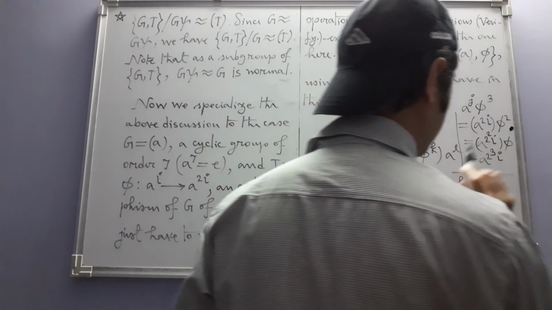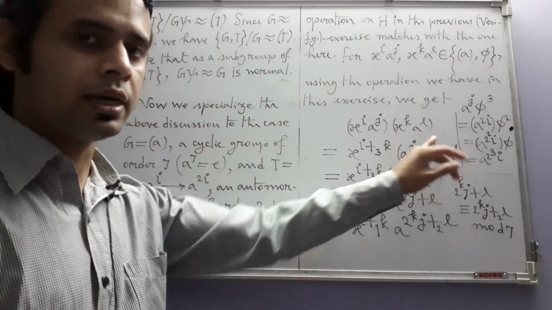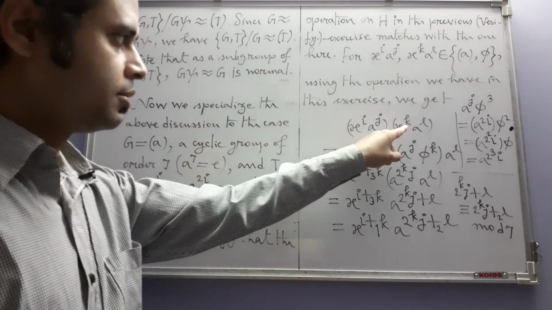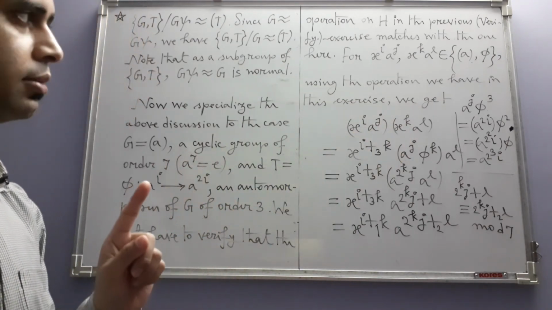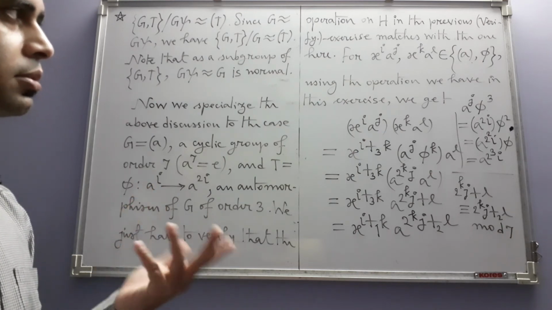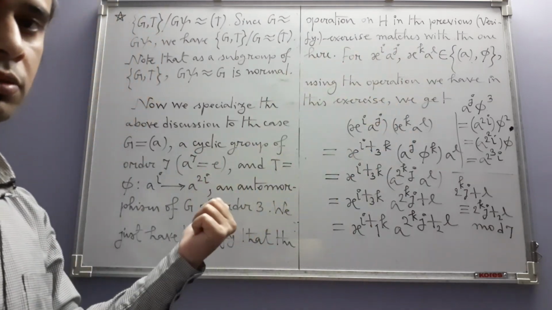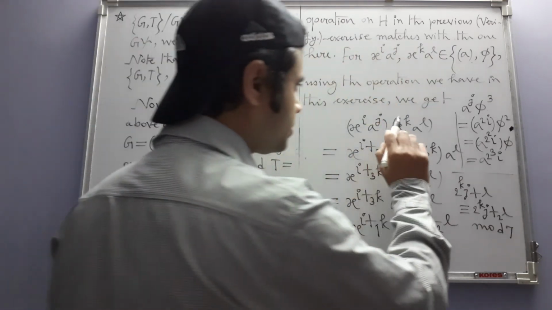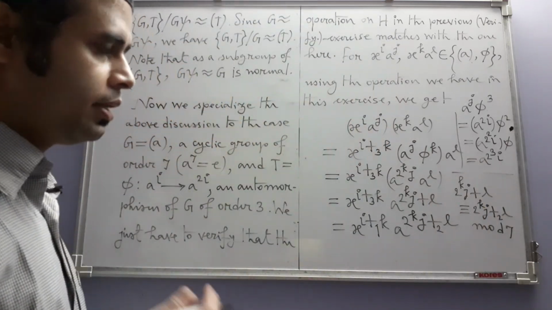And finally, if you apply the outermost phi, you get 2 cube i. So if you have k number of phi's, and note that k is a non-negative integer, because that's how we have constructed the group today, it makes sense to say k number of phi's.